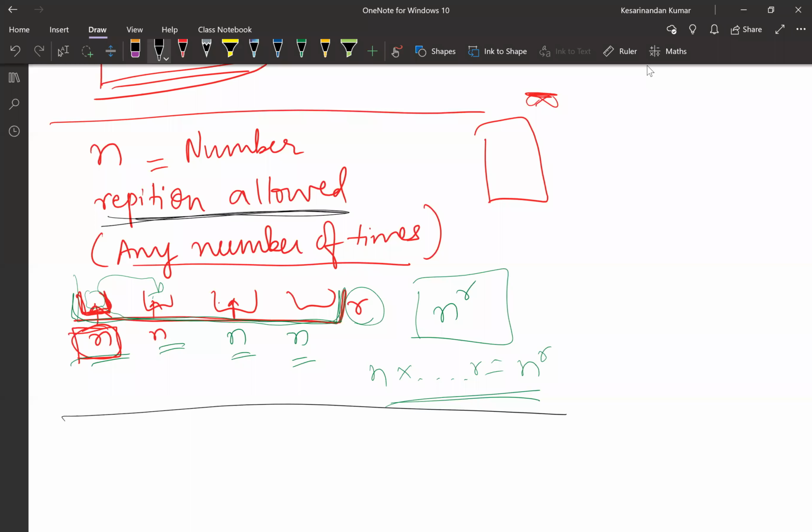Your voice is breaking, but I got the gist of what you were asking. So you are basically saying each different box is independent of the others, so instead of multiplying, you will add. Correct? Is that what you're trying to say? Yes. Okay.